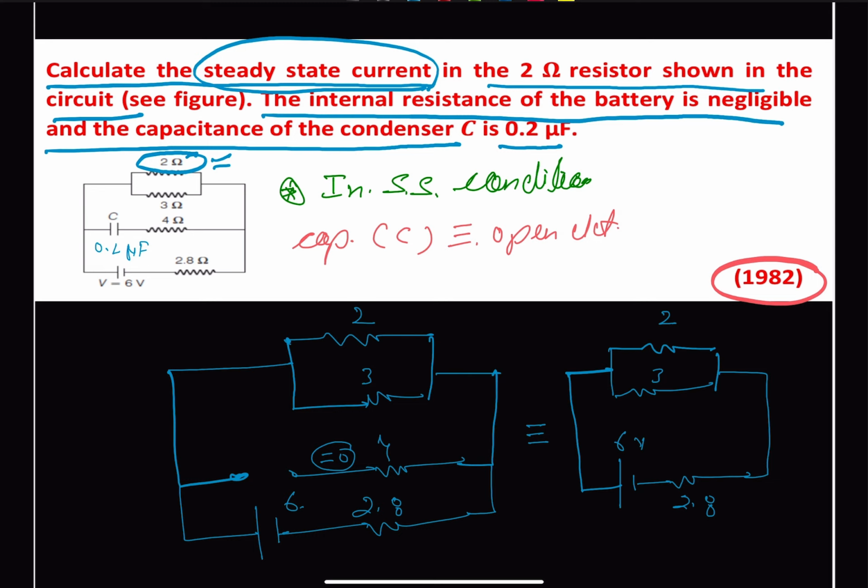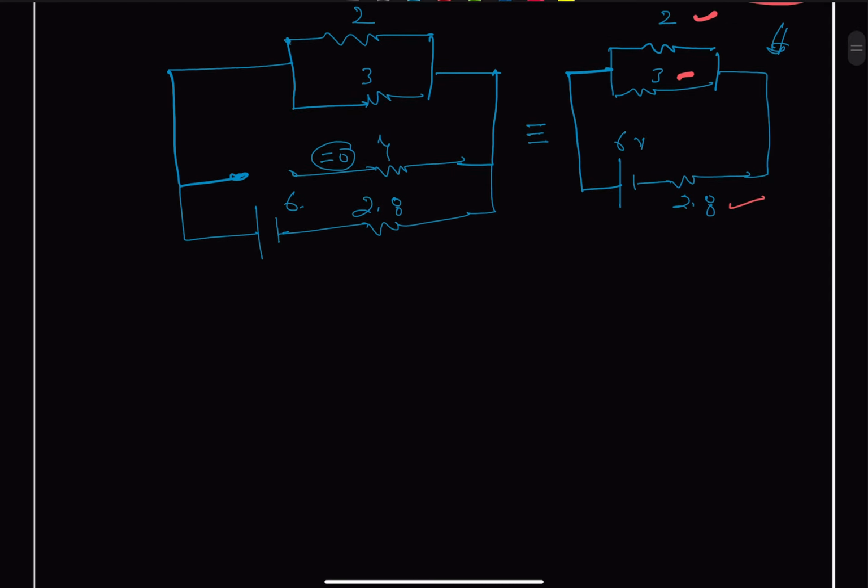So this is our simplified circuit at steady state condition because the capacitor is an open circuit. Now we can find out the equivalent resistance. So here this 2 and 3 ohm resistors are in parallel, and the result of that will be in series with 2.8 ohm.